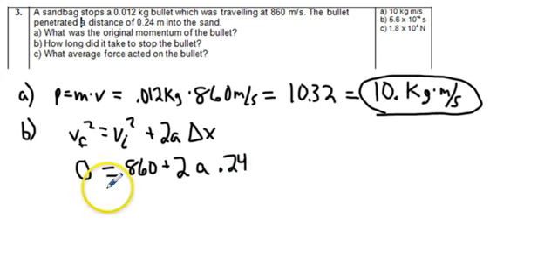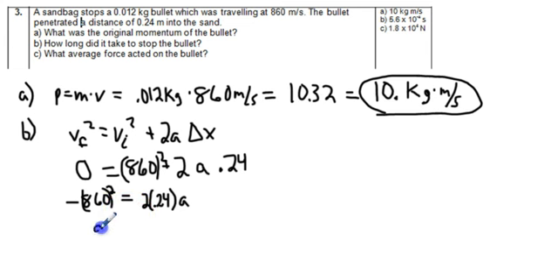Okay, now let's move the 860 over. It's negative now. 2 times 0.24 times a, and then we'll divide both sides by 2 times 0.24. And I almost forgot to square the 860, and really I should have done that up here, by the way.